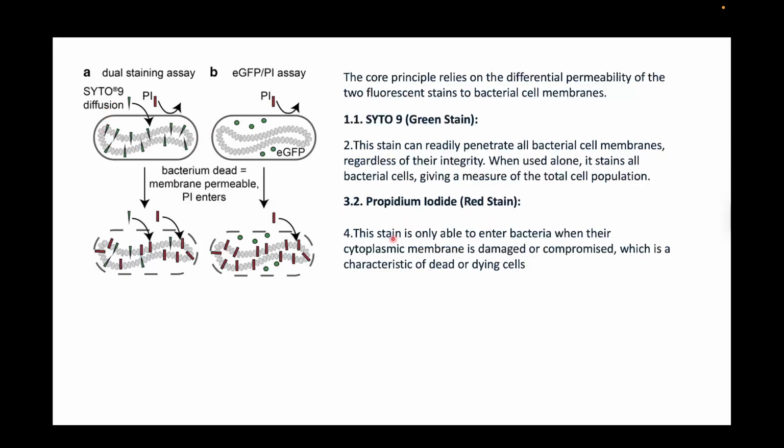While propidium iodide is a red stain, it is only able to enter bacteria when the cytoplasmic membrane is damaged or compromised, which is a characteristic of dead or dying cells. So this is why this dye pair is used for a live dead assay to analyze how many microbes in a community or a sample are alive and how many are dead.